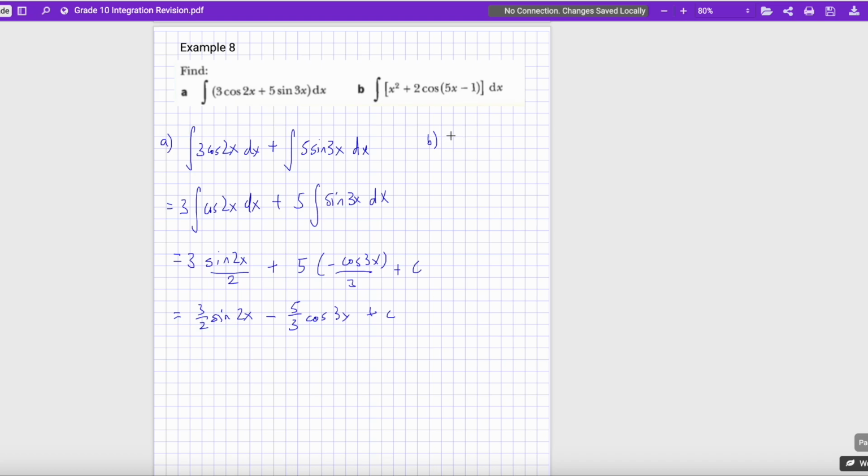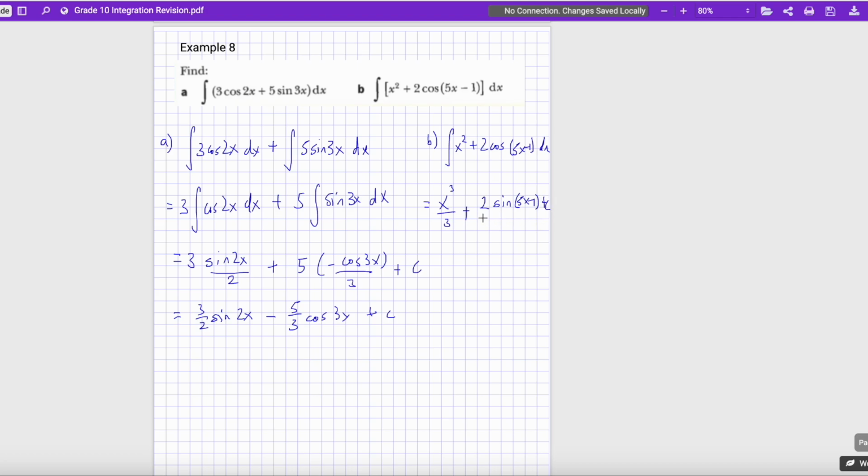Let's integrate part B. x squared plus 2 cosine of 5x minus 1 dx. We can split it up, or you can just do it in one shot. I'll do it in one shot. This will be x to the power 3 over 3 plus 2 sine of 5x minus 1, not plus 1, minus 1, plus c.